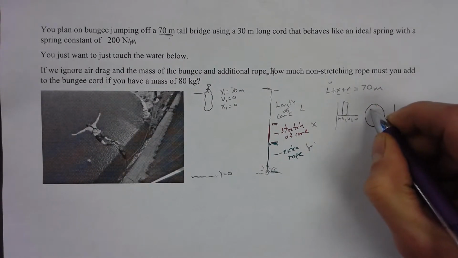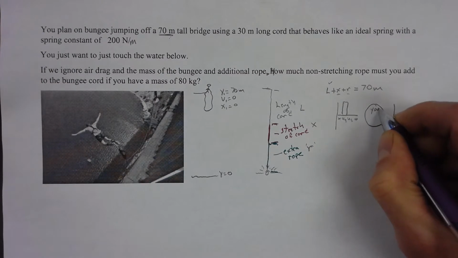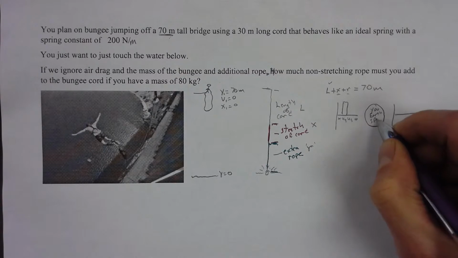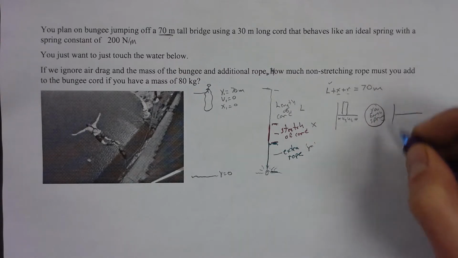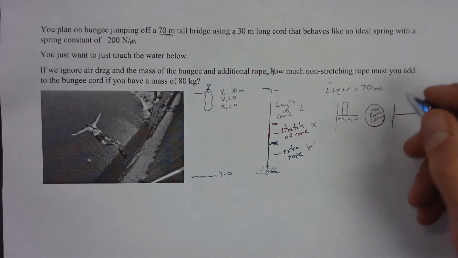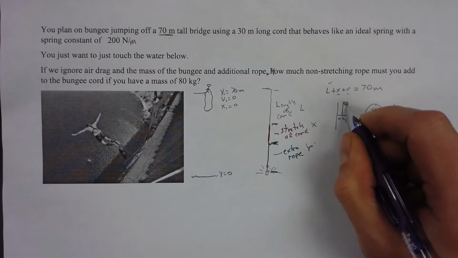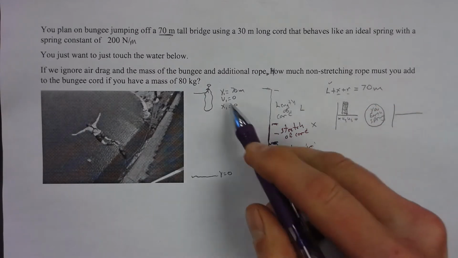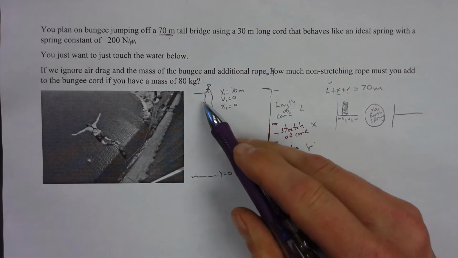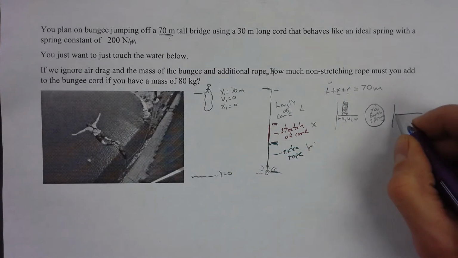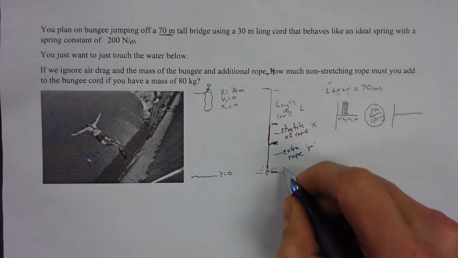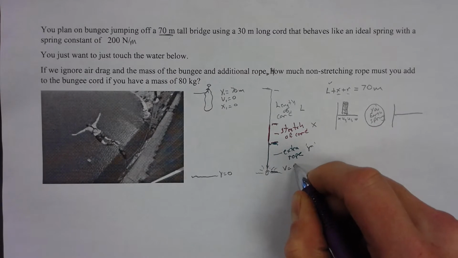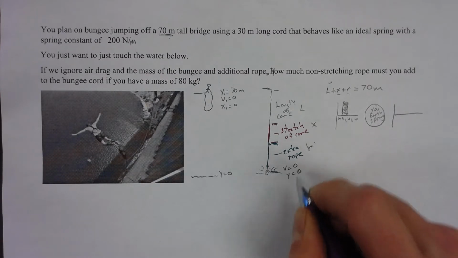It's the man, it's me, it's you, the earth, and the spring. No friction, no air drag, nothing extra. So you start with lots of gravitational potential energy. You're touching the spring, the rope, but it's not stretched. Then at the end, your velocity is 0 and your y is 0.